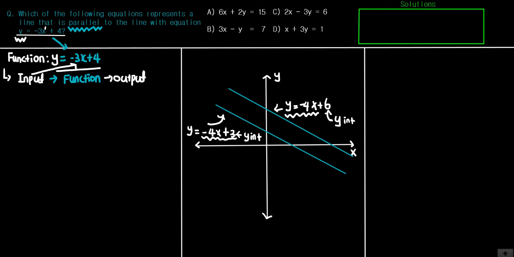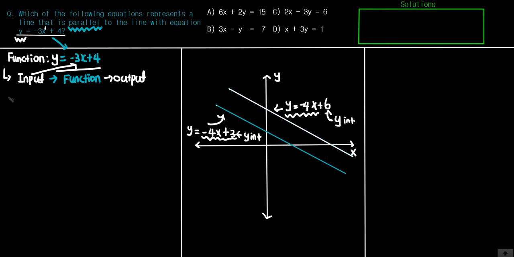If they have the same slope and the same y-intercept, they will be the same line with the same equation. But in order to be parallel, they need to move somewhere down. The slope of the function should be the same, but they should have a different y-intercept, so they are parallel. This is the case that we learned according to a function property.